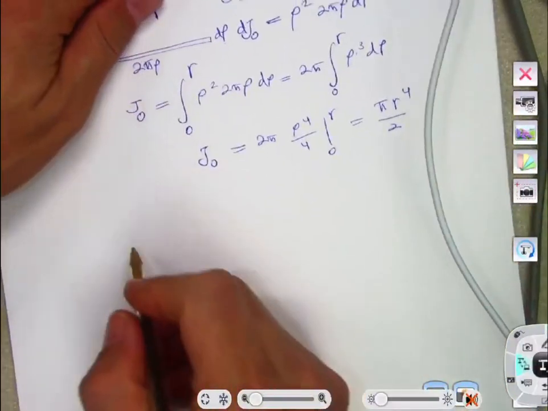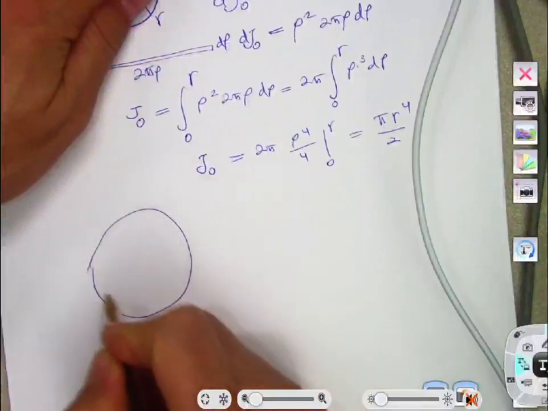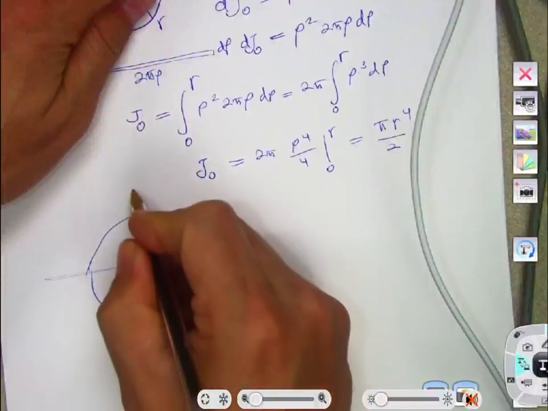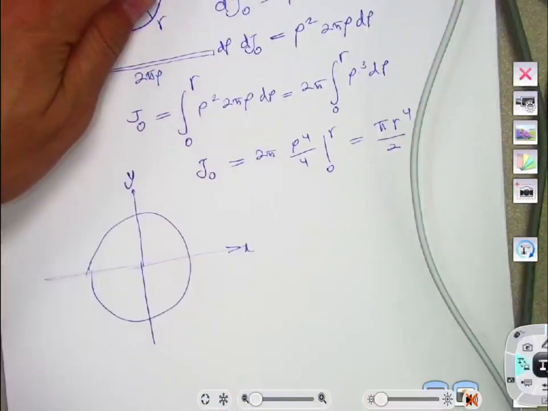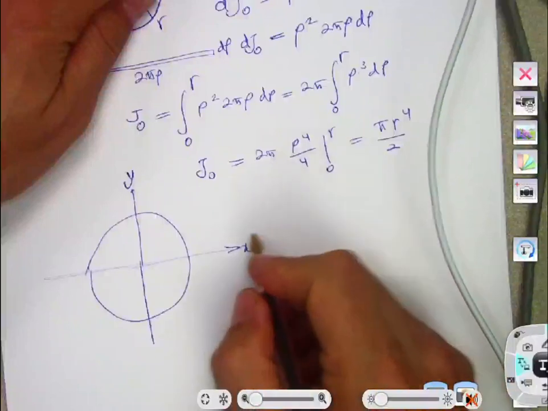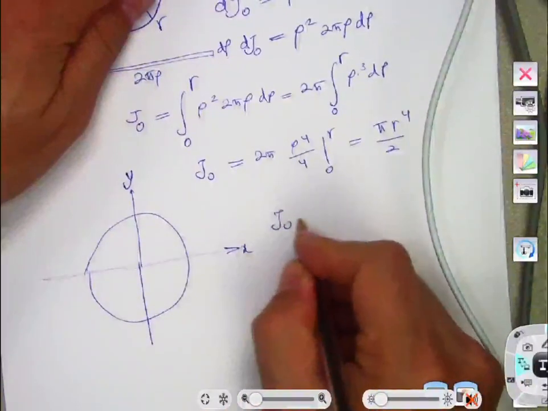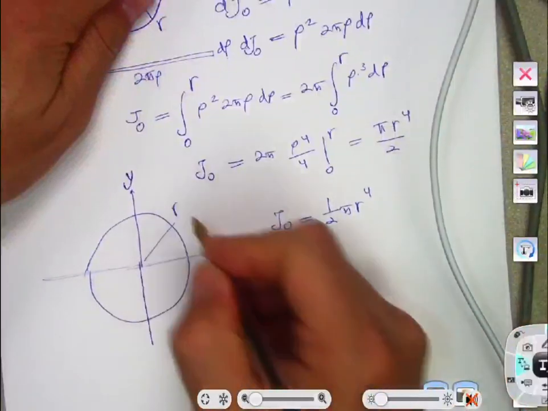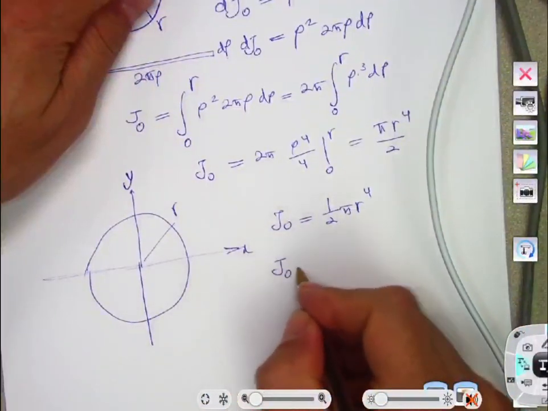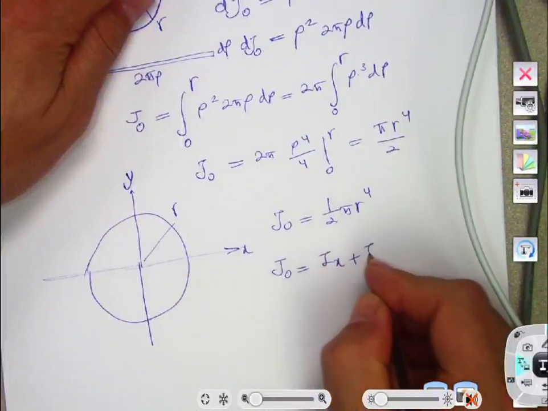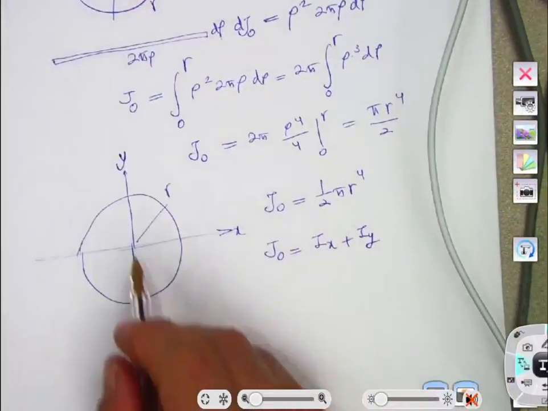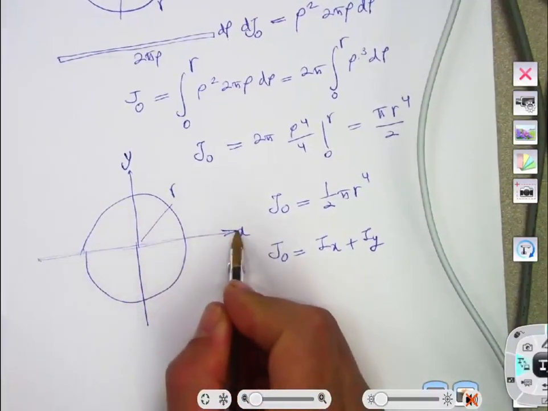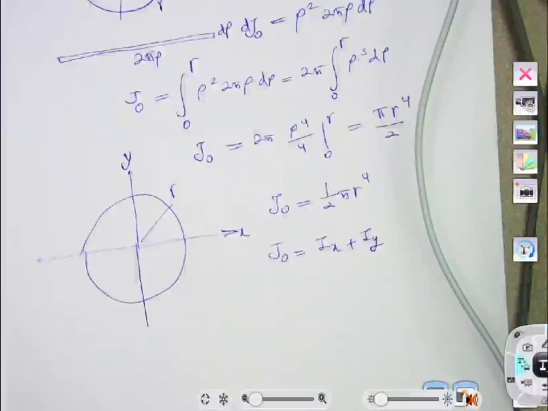Alright, so now let's say I'm interested in finding the second moment of inertia about the x-axis and y-axis for a circle. This is JO, the polar moment of inertia, but we know on the other hand that JO is equal to Ix plus Iy. A circle is symmetric, so if you take the moment of inertia about the x-axis or y-axis, they're going to be the same.